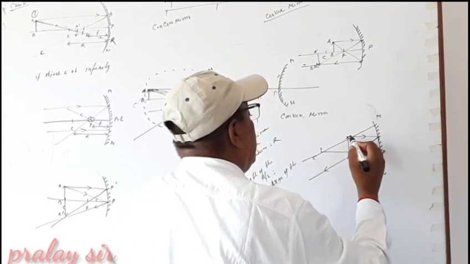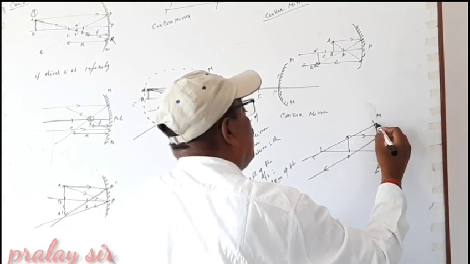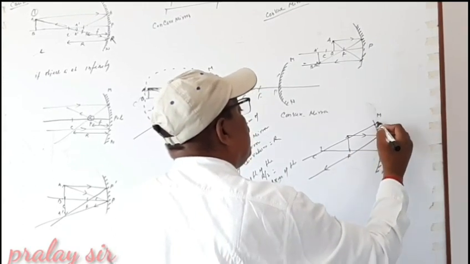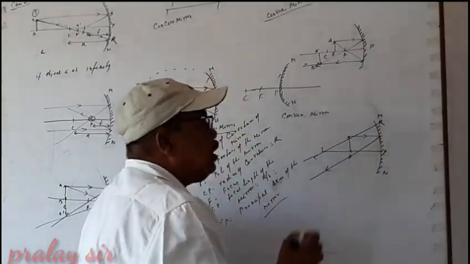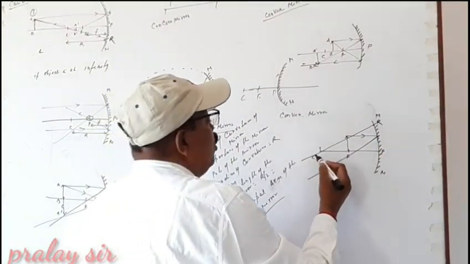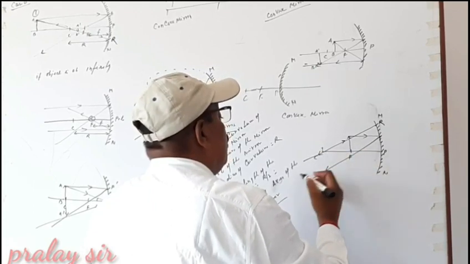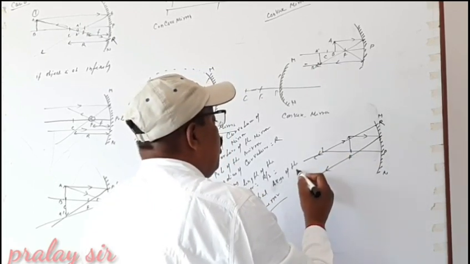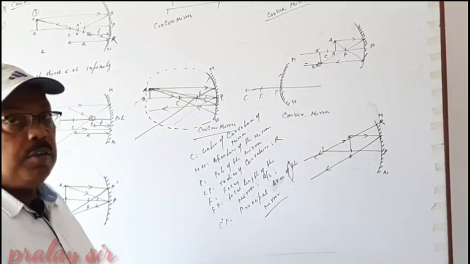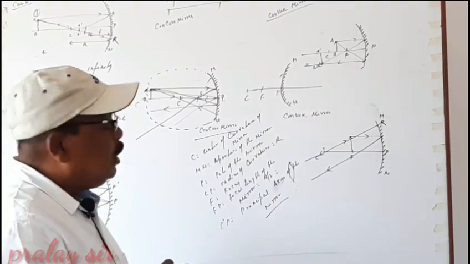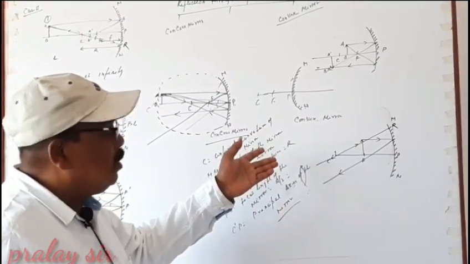It is a ray incident on a spherical surface at the point R, in such a way that it passes through the center of curvature. Again, it will retrace the same path. So what you are observing here is that the image is formed at infinity, and it is much bigger than the object. If you keep the object at the focus, the image is real, inverted, but bigger in size.